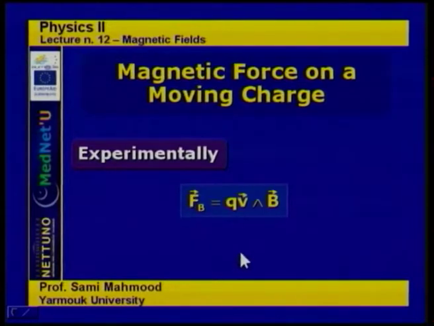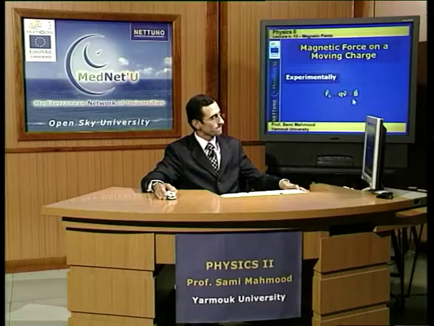Experimentally, it has been seen that the force of a magnetic field on a moving charge q, moving in space with a velocity vector v that has both magnitude and direction, is simply equal to the charge q times the velocity v cross B, the magnetic field vector.